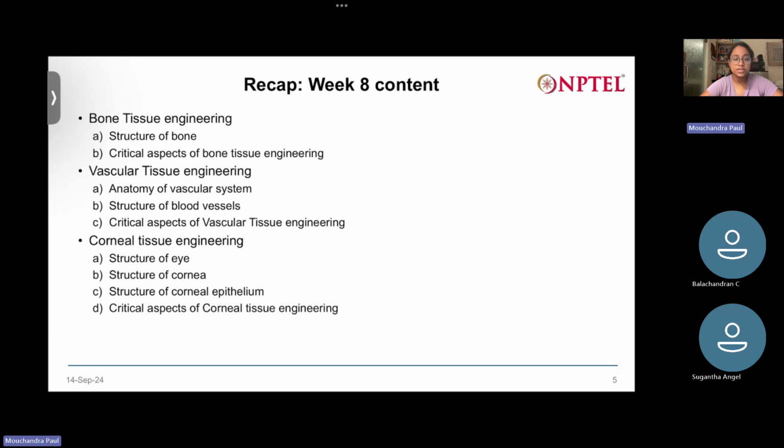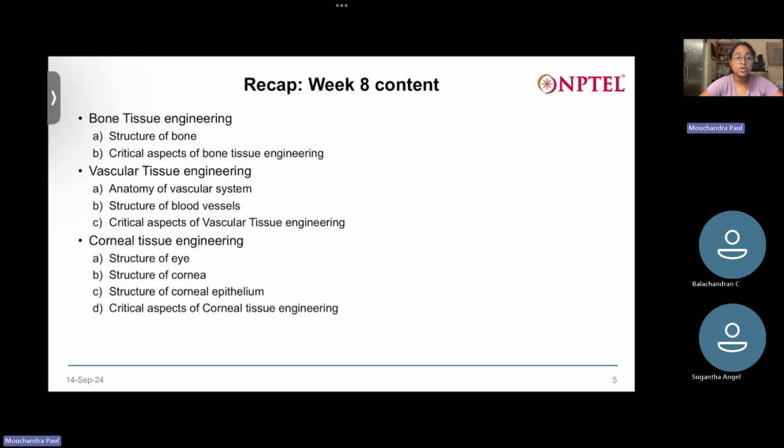What are the layers present, the resident cell types, what are the functions of these cell types, and the common reason for which vascular tissue engineering can be applied, like diseases such as atherosclerosis. In those cases we can use the principles of vascular tissue engineering to create a replacement or to repair a damaged area of our blood vessels.